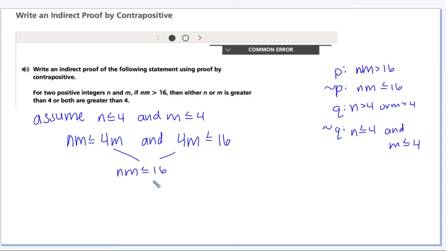This not Q implies not P. So proving the contrapositive right here, again, because of this, we have, again, these three dots mean therefore or in conclusion, not Q implies not P. So we would be able to conclude that P implies Q must be true.